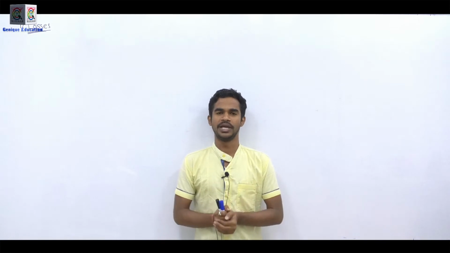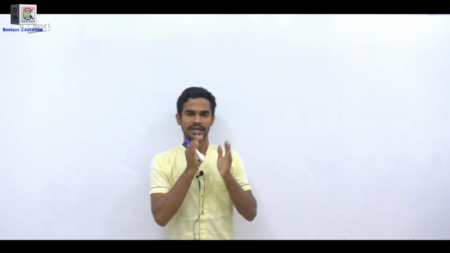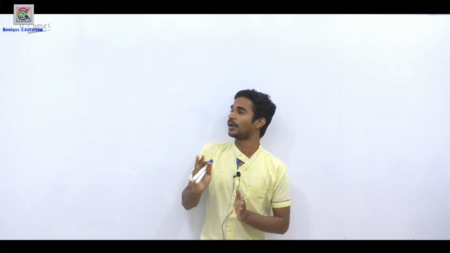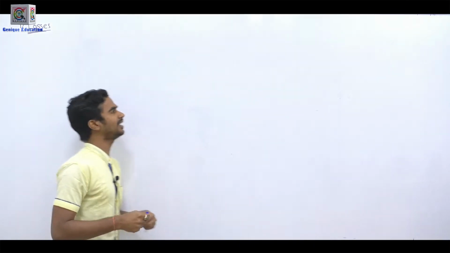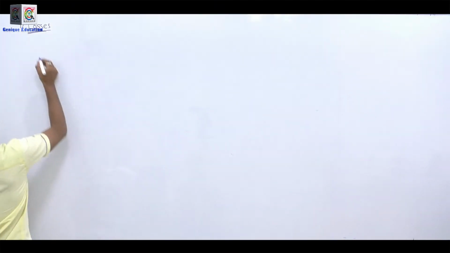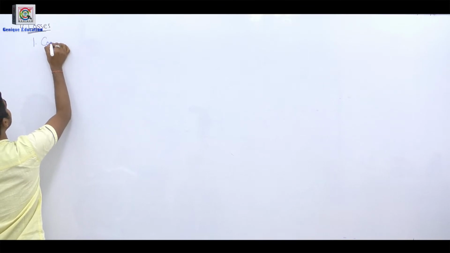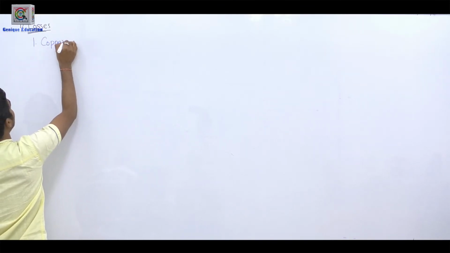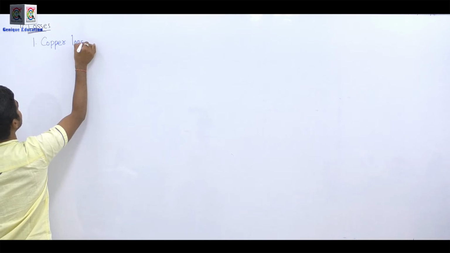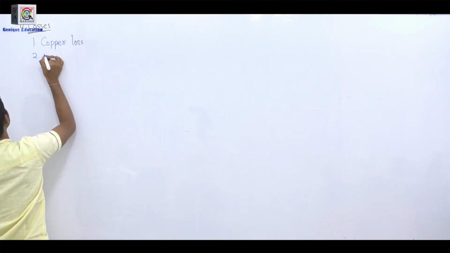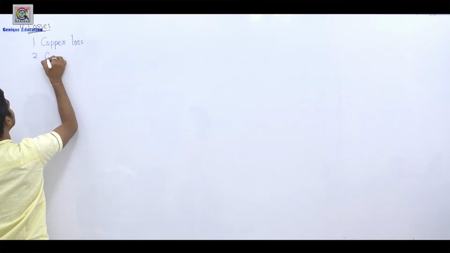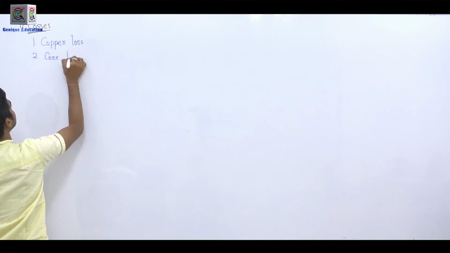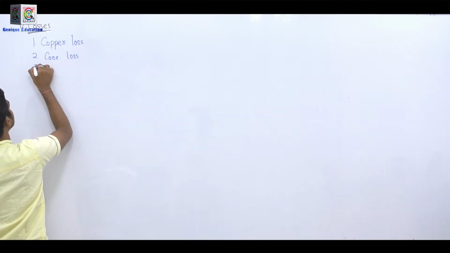Now we'll solely discuss that third loss, because we already discussed the copper losses and core losses in detail. Tell me, what is that third loss in the induction machine?